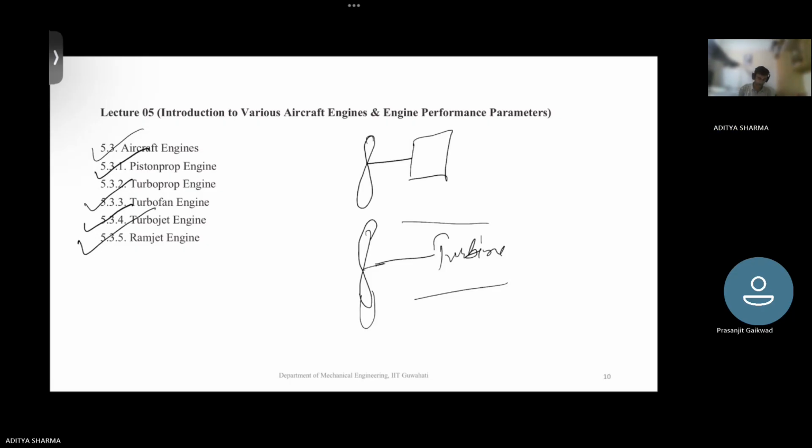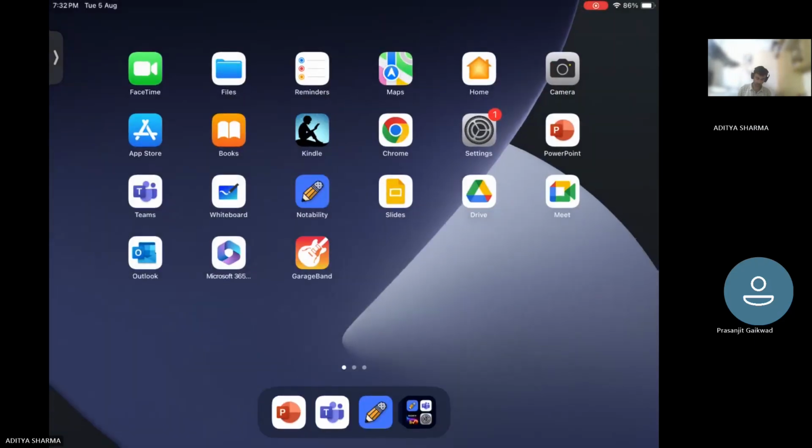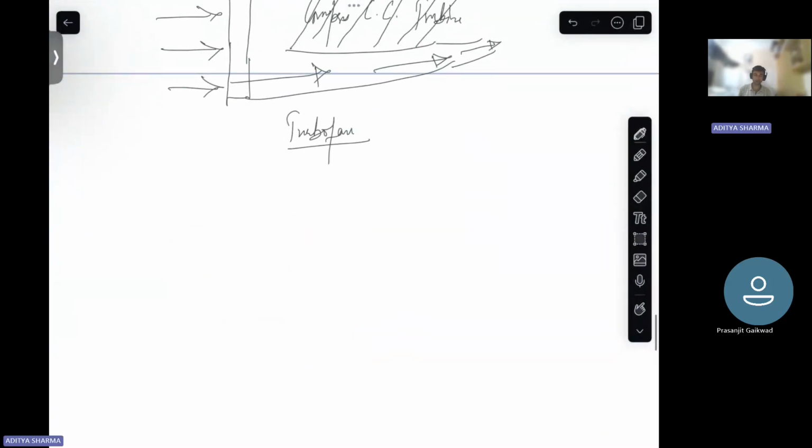Then ramjet also. In ramjet, you don't have any specific compressor for compression as such, and this also works for very high Mach numbers.